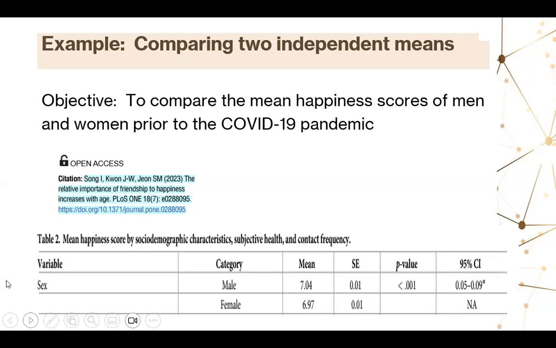The standard error is not the standard deviation, but there's a formula that allows you to convert standard error to standard deviation. You just need to multiply the SE by the square root of the sample size. Because this study gave its sample size both for the male and the female, I was able to derive the standard deviation.